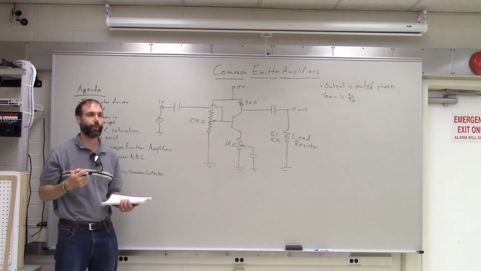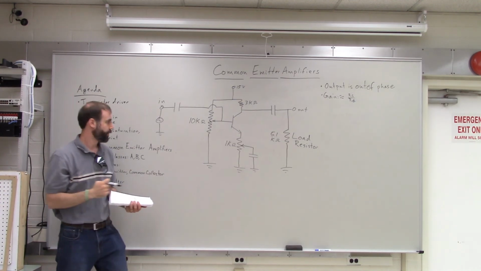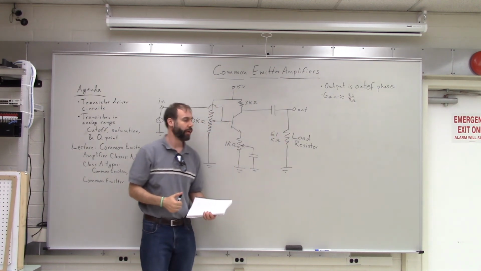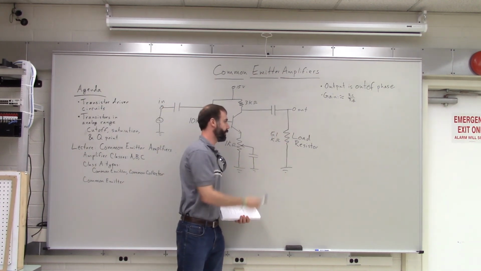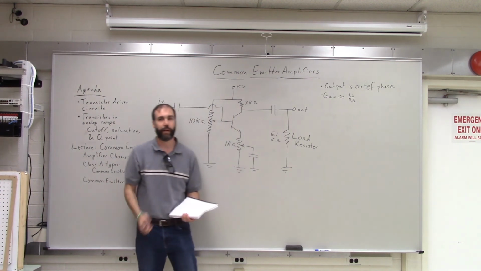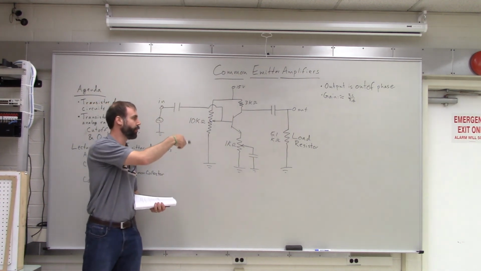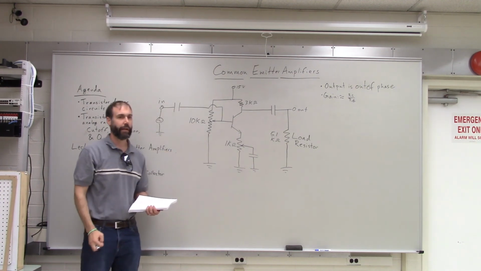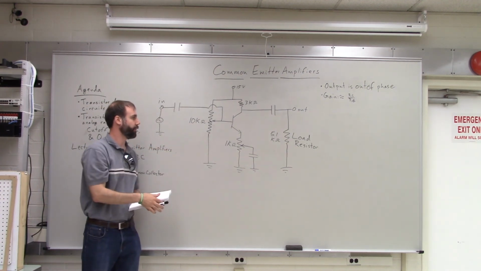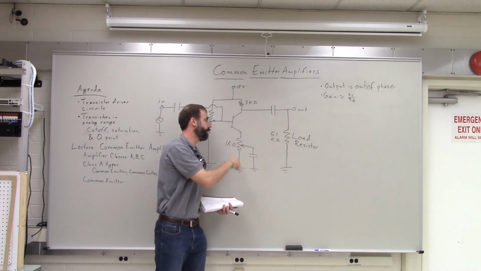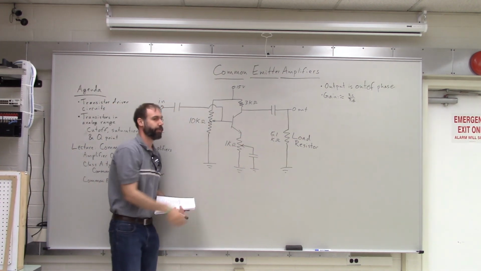It does not create very much current. So as long as it doesn't have to supply very much current, it's happy. When you start putting smaller resistors there, then it has to supply more and more current. The smaller the resistor, the more current this thing has to create. And it's not good at creating a lot of current. So when you force it to do that, it distorts your signal.